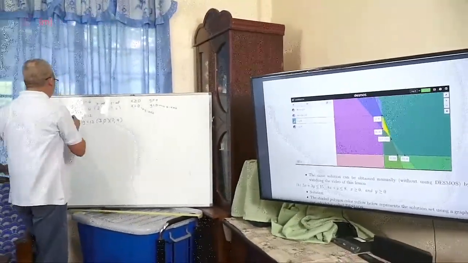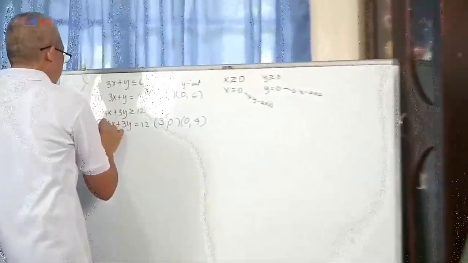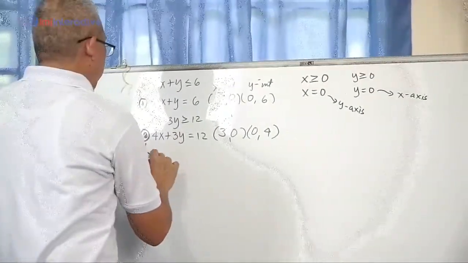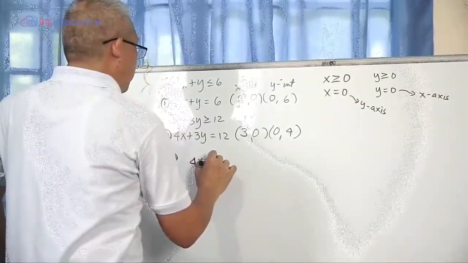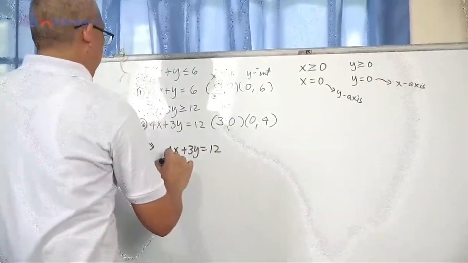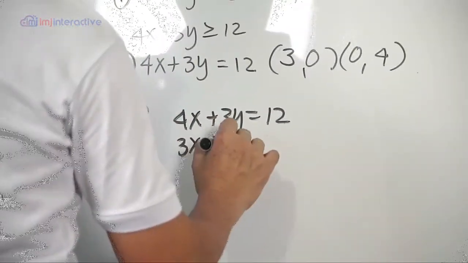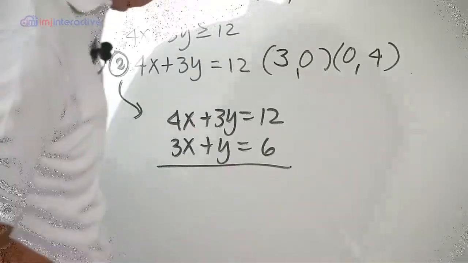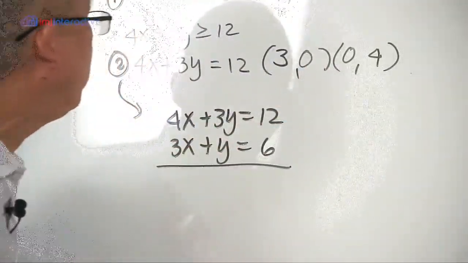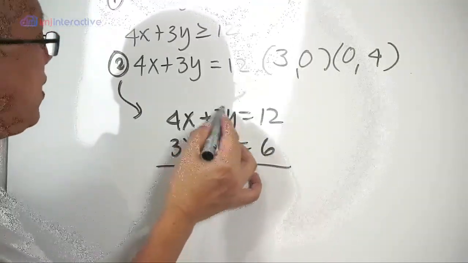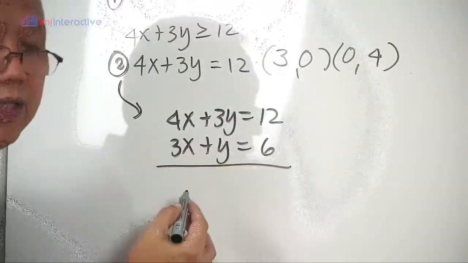So let's get equations 1 and 2 and find the intersection. Beginning with 4x plus 3y equals 12 and 3x plus y equals 6. We have to make use of elimination to find the intersection. To eliminate this, which is positive 3, all you have to do is multiply this by negative 3.